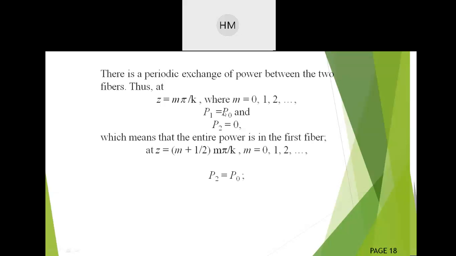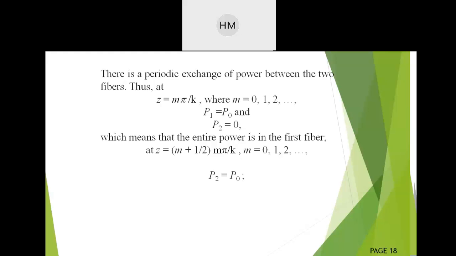What we are saying is, periodic exchange of power will take place between the two fibers, but हमेशा exchange नहीं होगा power, ठीक है? At certain instants it will get exchanged. Throughout the range, it won't. So what we have assumed here, M value varies from 0, 1, 2.